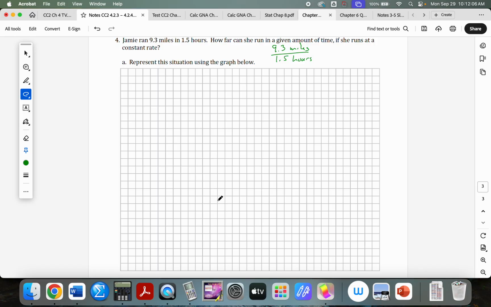you may have never had to reduce a fraction like that, where they're both decimals. It's not difficult though. I'm just going to multiply top and bottom by 10 so that I can get rid of the decimal.